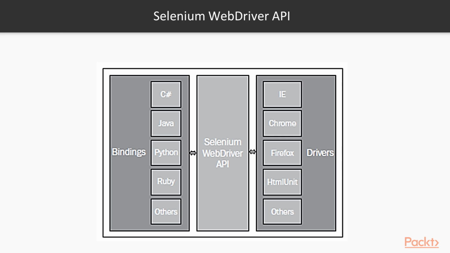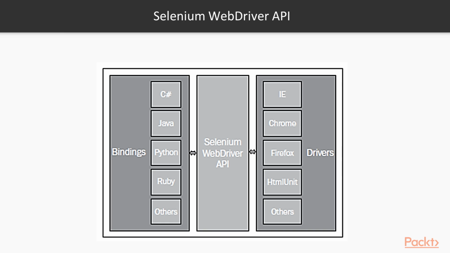As seen in the image on the right hand side, we have the drivers. We have various internet browser specific drivers such as IE driver, Firefox, Chrome and others such as HTML unit, which is an interesting one. It works in a headless mode, which makes test execution faster. However, the basic idea here is that each one of these drivers knows how to drive the browser that it corresponds to.